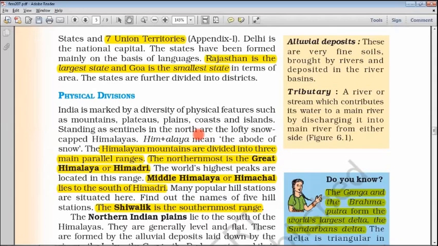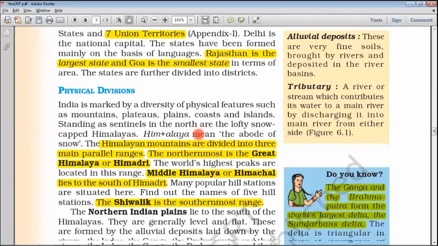And then you have got the Middle Himalaya or Himachal, which lies south of Himadri, of medium height, and many popular hill stations are situated here because the mountains are of average height compared to the Great Himalayas, so humans can access these regions by providing transportation, etc. There are many popular hill stations like Shimla, Kullu, Manali, Darjeeling, etc. And the third and southernmost range is called Shivalik. These are much lower than the middle or Great Himalayas.